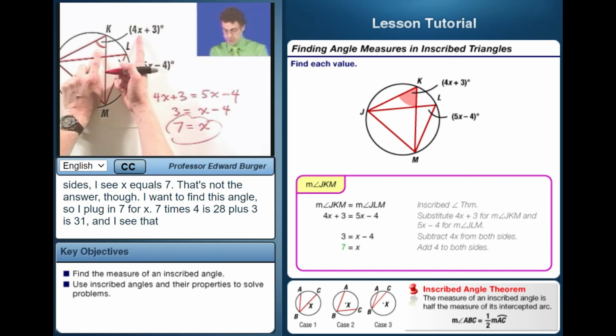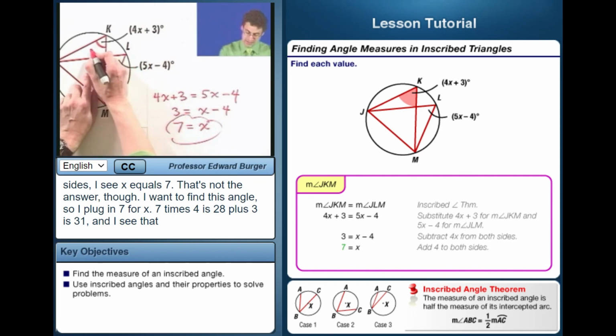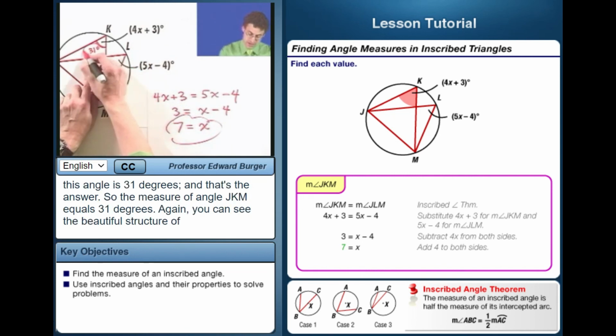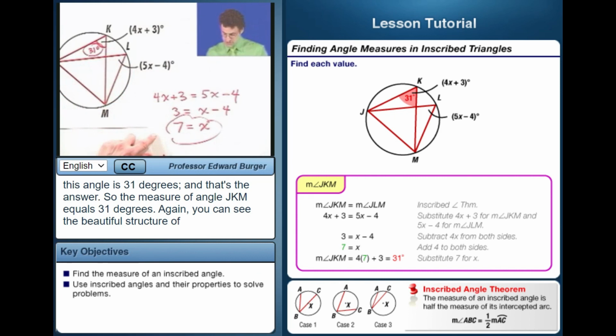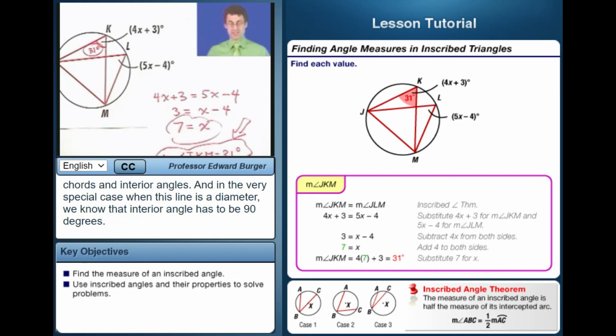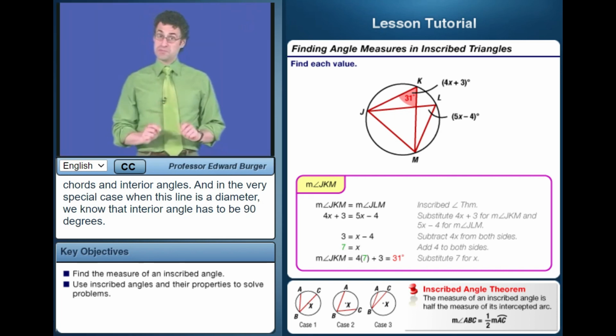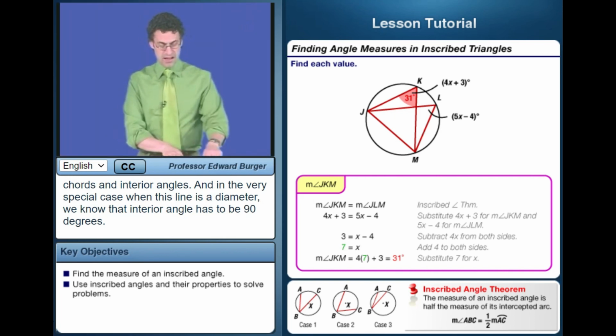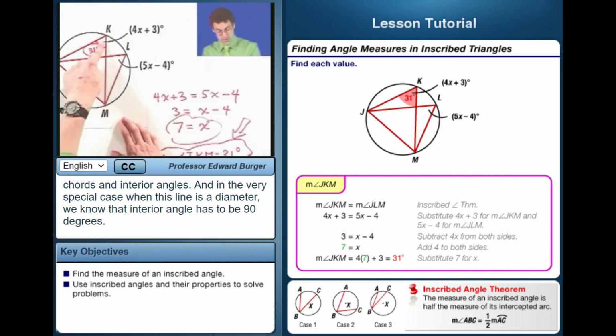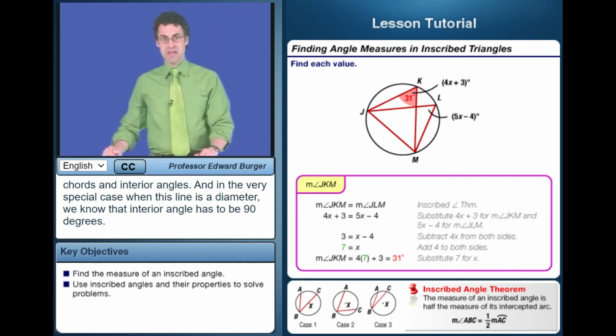So 7 times 4 is 28, plus 3 is 31. And so I see that this angle is 31 degrees, and that's the answer. So the measure of angle JKM equals 31 degrees. Again, you can see the beautiful structure of chords and interior angles. And in the very special case, when in fact this line actually is a diameter, we know that interior angle has to be 90 degrees.